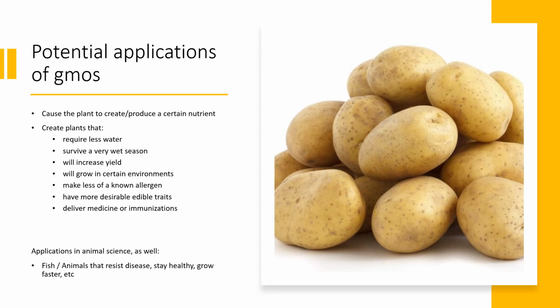Potatoes, when they're cooked at a very high heat, like when you fry them, actually produce a known carcinogen called acrylamide. This is in very low doses, so it's not necessarily going to hurt you to have fried potatoes once in a while. But if your diet consists of a lot of fried potatoes, you are getting a pretty big dose of a known carcinogen. With GMO technology, they created potatoes that do not make this carcinogen when you fry them.